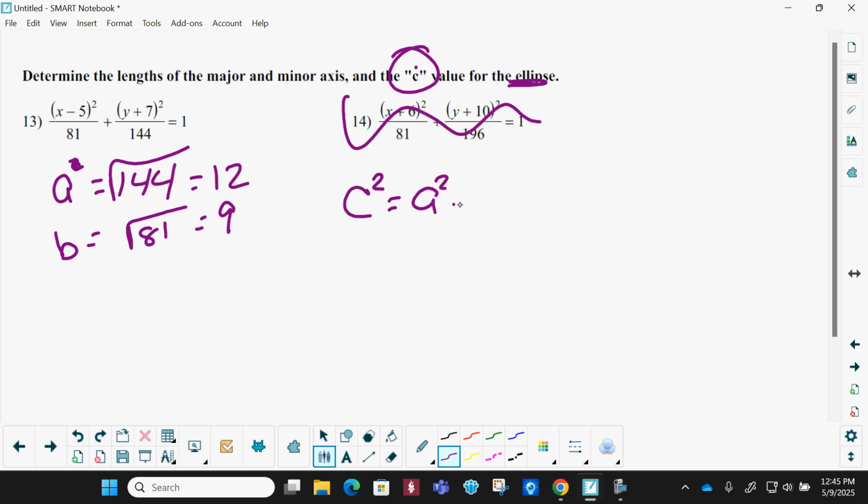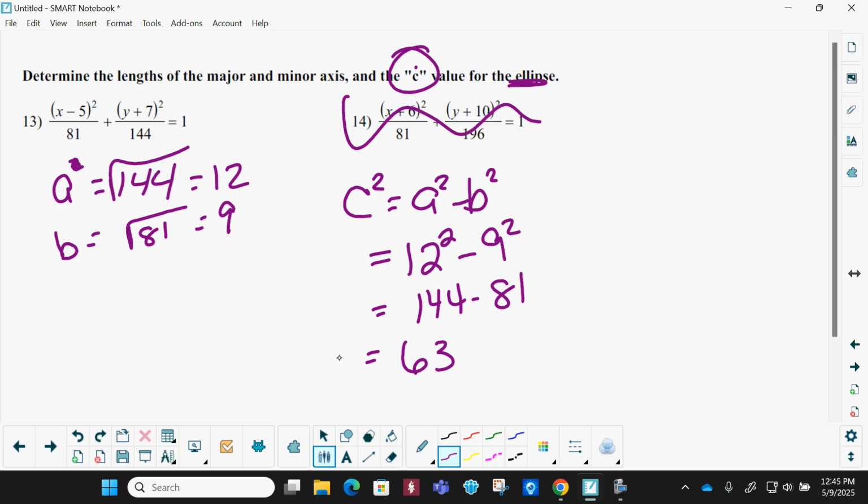So 12 squared minus 9 squared. So 144 minus 81 is 63. But remember that's c squared, so we got to take the square root. So c equals 7.9. And that's it.